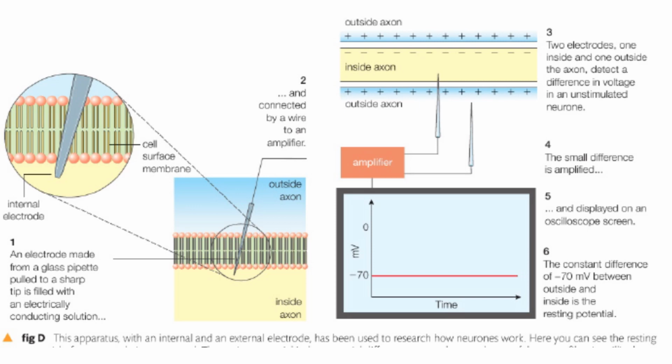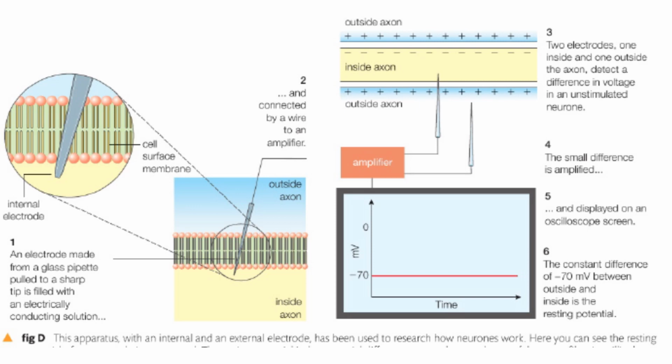So in an unstimulated neuron, they record the difference in the voltage between outside and inside of the axon. The small difference is amplified by the amplifier and shows the results on the screen. The difference between outside and inside of the axon is minus 70 millivolts. This is known as the resting nerve potential.